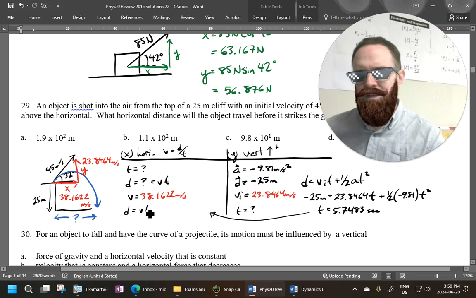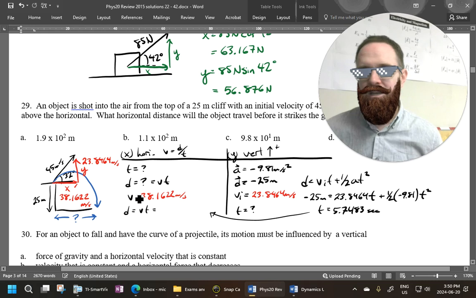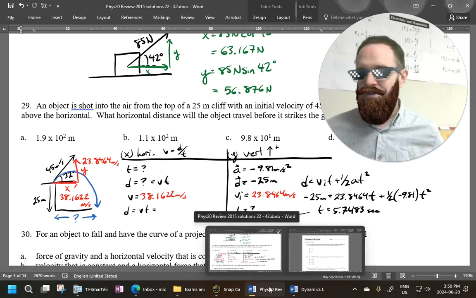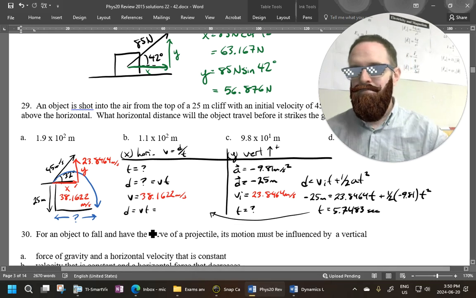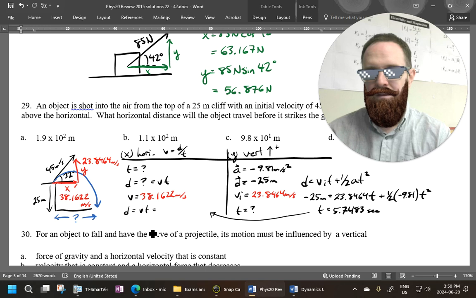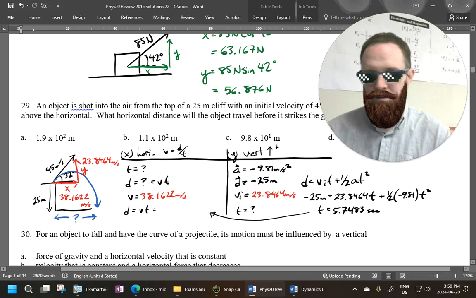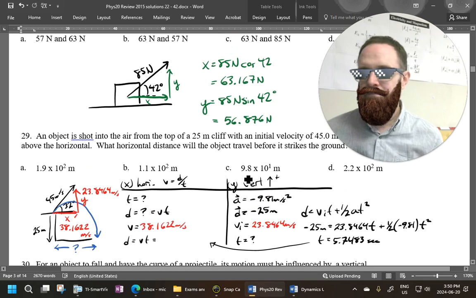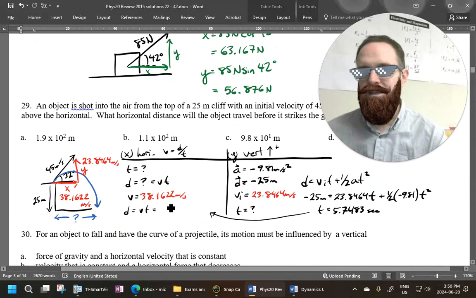So this is just going to be v times t. I got my v, that 38 number there. I'm just going to multiply it by my time. So 38 times 5.7483, and I get 219. Yeah, there it is. Okay, so that's D on this question here.